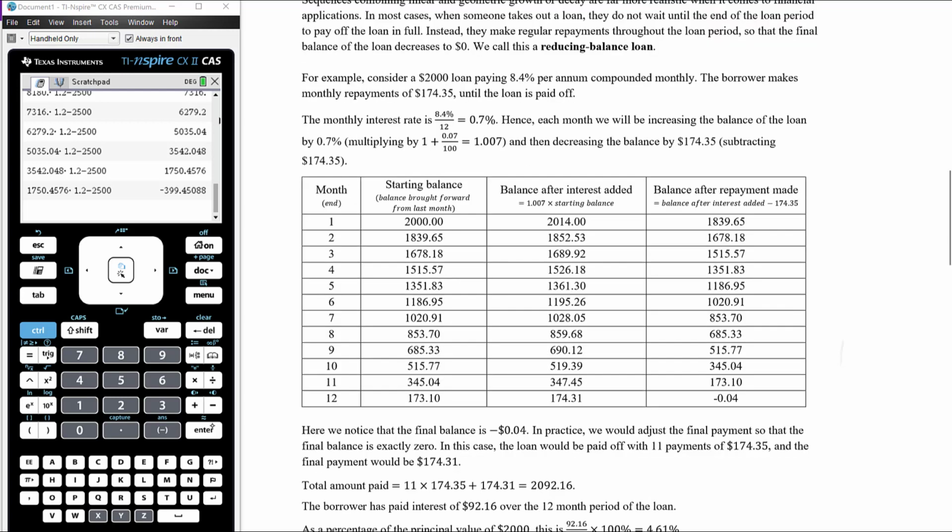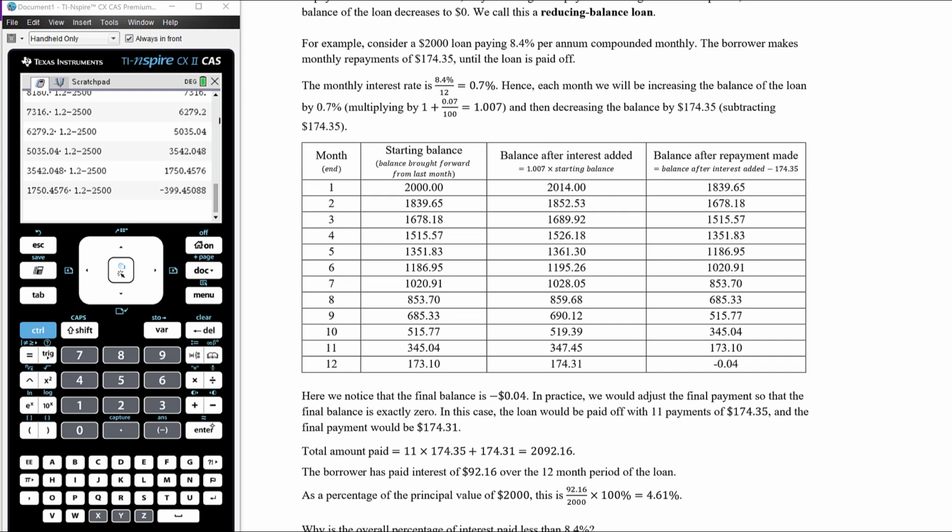Okay, so we can plot out what would happen. If we start with $2,000, after 1 month we add on our 0.7% interest, which gets us to $2,014, but then we subtract our $174.35, and so that's the balance after 1 month. That then becomes the beginning balance for the next month.